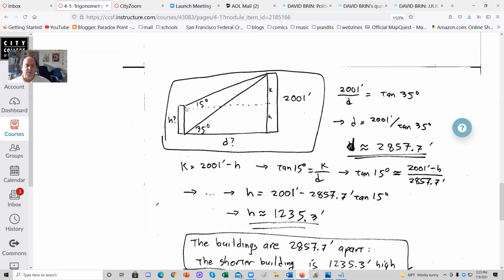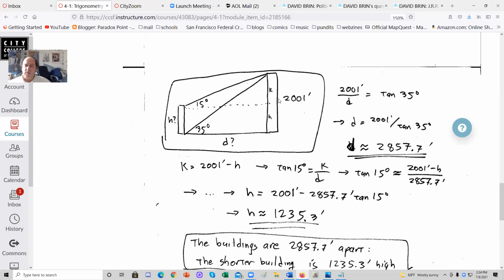Okay, first I draw this horizontal line here, and this h is the same as this h here. Let's call this remaining distance k. So h plus k is 2,001 feet, so k is 2,001 feet minus h. And d is the distance between the buildings. Here's a 2,001 feet side, and here's an angle of 35 degrees. Opposite over adjacent is tangent 35.